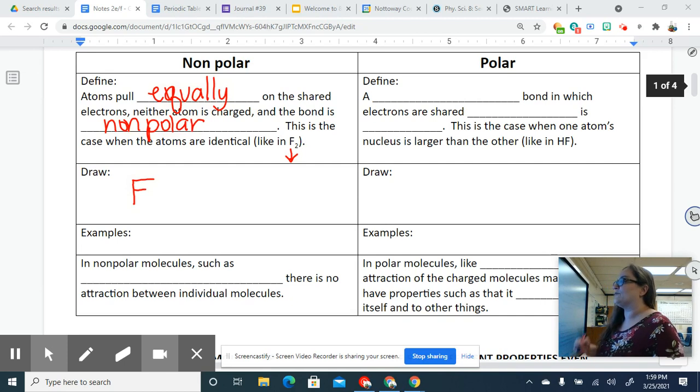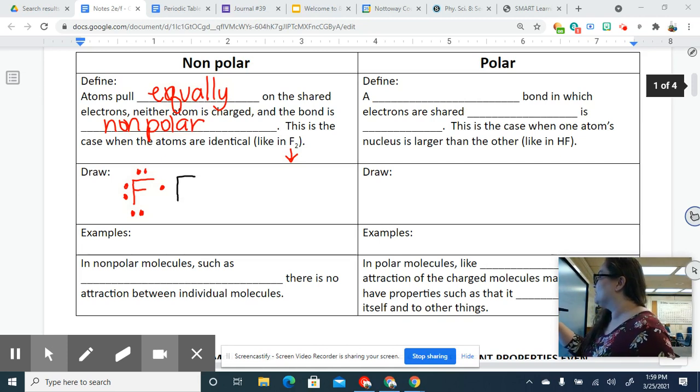F2 is what I used for the example earlier, so let's keep using that one. Fluorine is in family 17, so it has 7 valence electrons: 1, 2, 3, 4, 5, 6, 7. And then we have another atom of fluorine, and here we're going to be careful to put them the same distance away from the shared pair, because that's the whole point, that neither one of them is any closer to the shared pair than the other one.